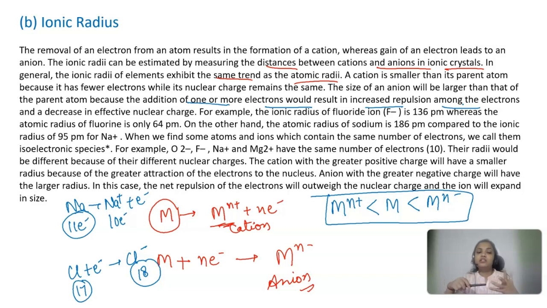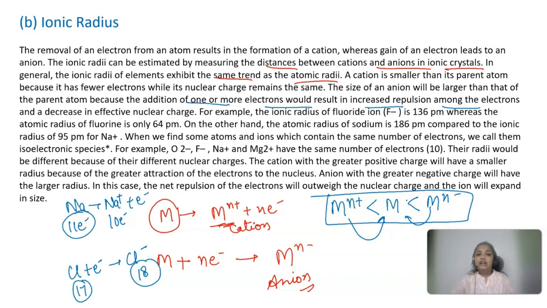Because of repulsion, there is a decrease in effective nuclear charge. So try to understand that cations have a smaller size than the metal atom and anions have a larger size than the metal atom.